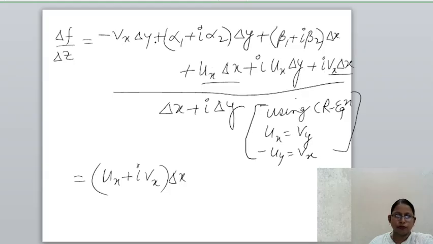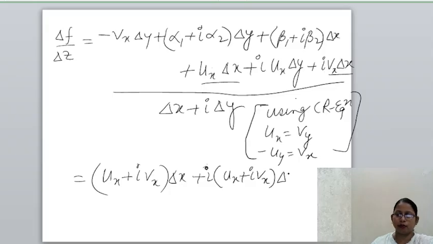So from this and this, I can take plus i common. Then it is ux delta y common again. Within the bracket it is i vx delta y. That means if I expand this one, I will get this and minus vx, this term.